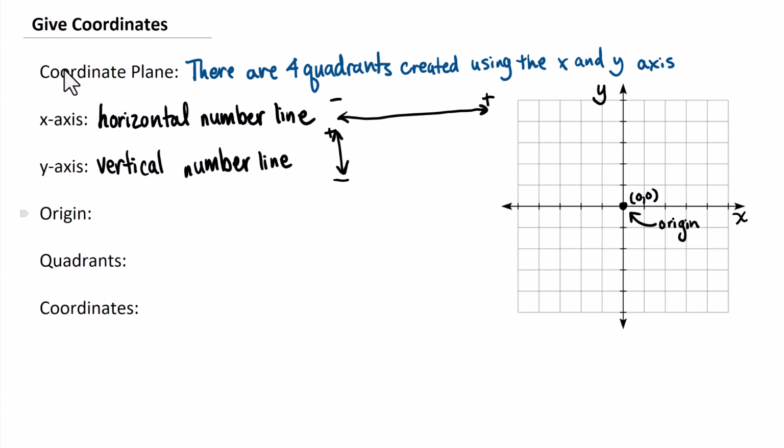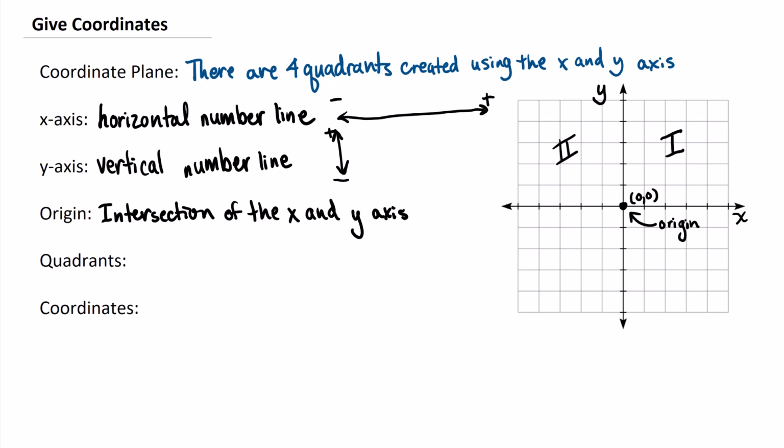So for origin, we say it's the intersection of the x and y axis. When we talk about quadrants on a Cartesian plane or a coordinate plane, they're formed by the intersection of the x and y axis. Quadrant 1, quadrant 2, and if you still read analog clocks, it's counterclockwise.